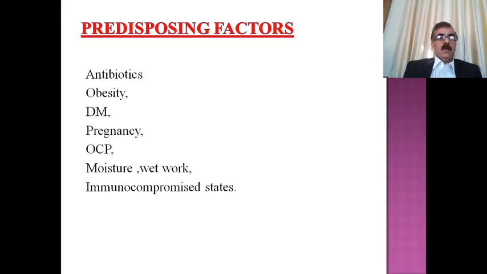Then diabetes mellitus, which is a very important predisposing factor for candidiasis, and if it is uncontrolled, then chances of candidiasis are more. And sometimes individuals who were not yet diagnosed as diabetic come to us with recurrent balanoposthitis or any kind of recurrent candidal infection. When we do fasting blood sugar, it is high, so they are diagnosed by presentation as recurrent candidal infection.